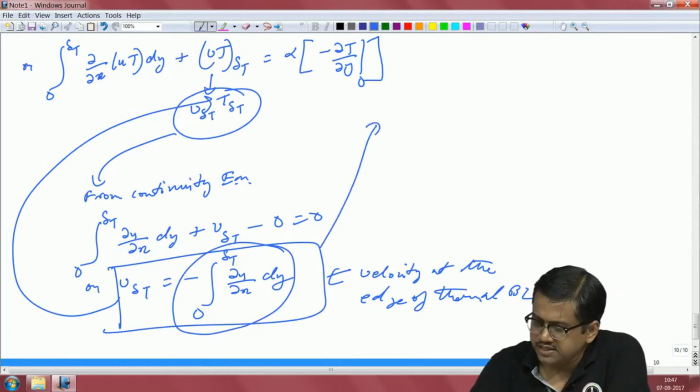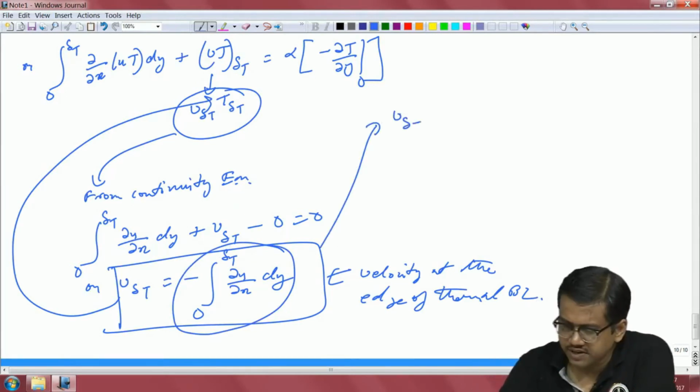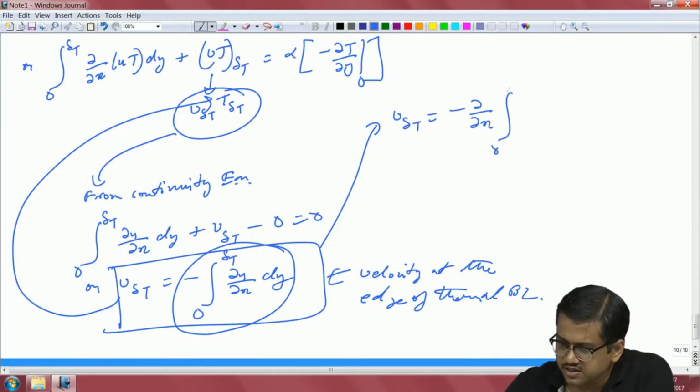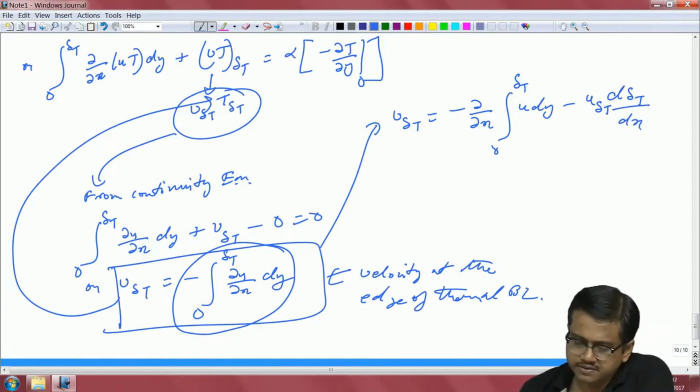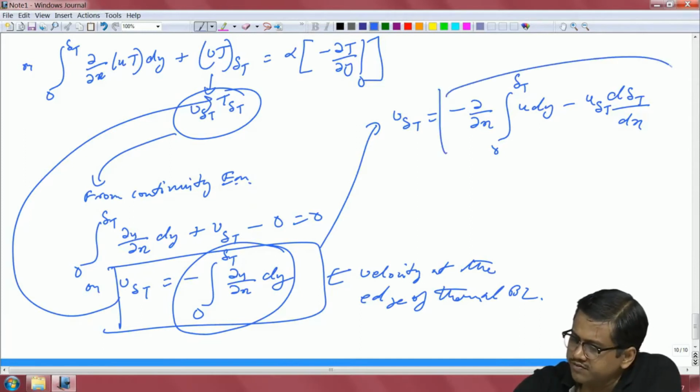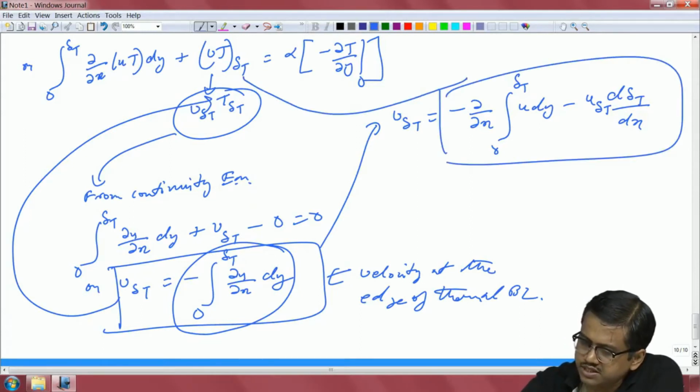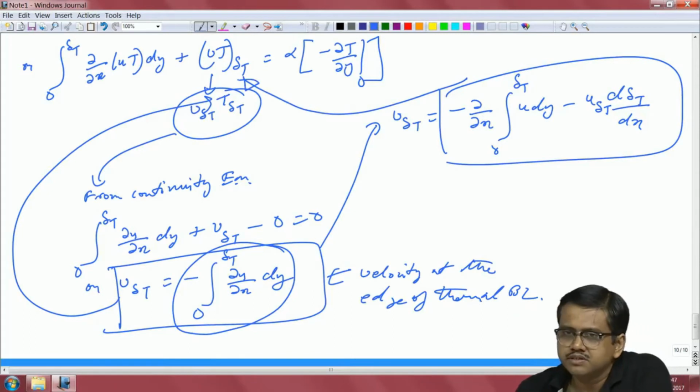If we do that, then V at delta t will be given by d/dx of the integral from 0 to delta t of u dy, minus u at delta t times d delta t/dx, right.